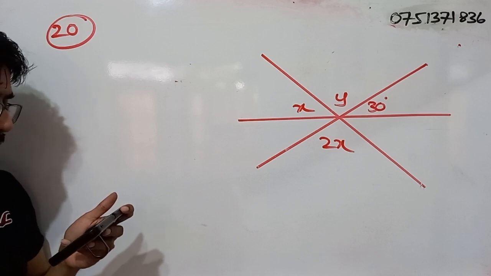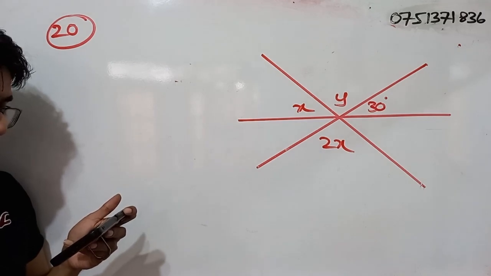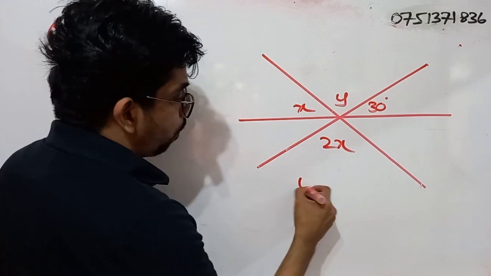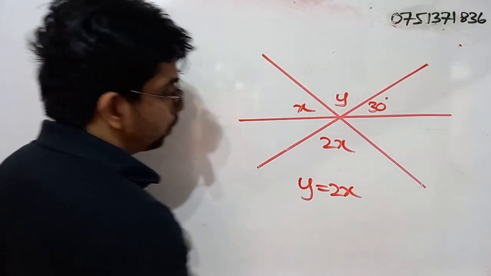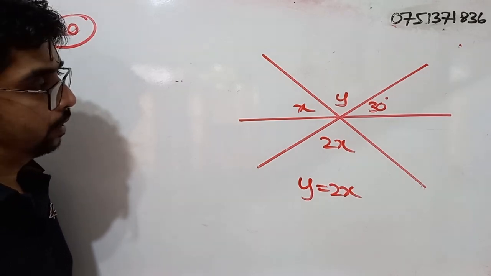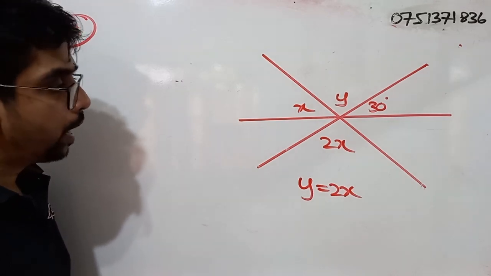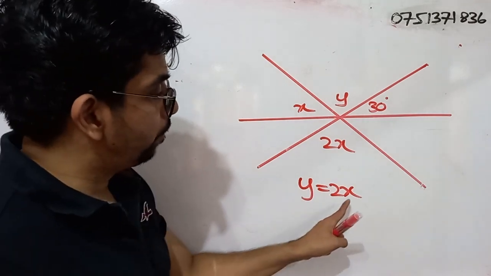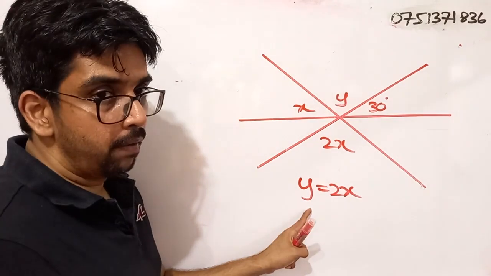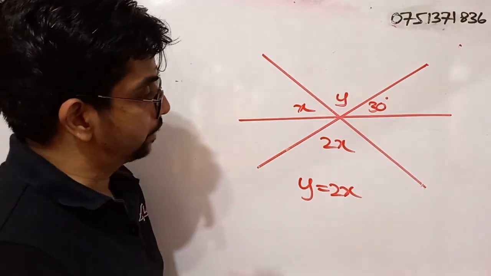Right. Question number 20. In the figure, what is the value of y? Right. Okay. So the first thing is y is equal to 2x, no? Vertically opposite angles, or simply opposite angles. So if some way we could find the value of x, then we can easily find the value of y using the value of x.